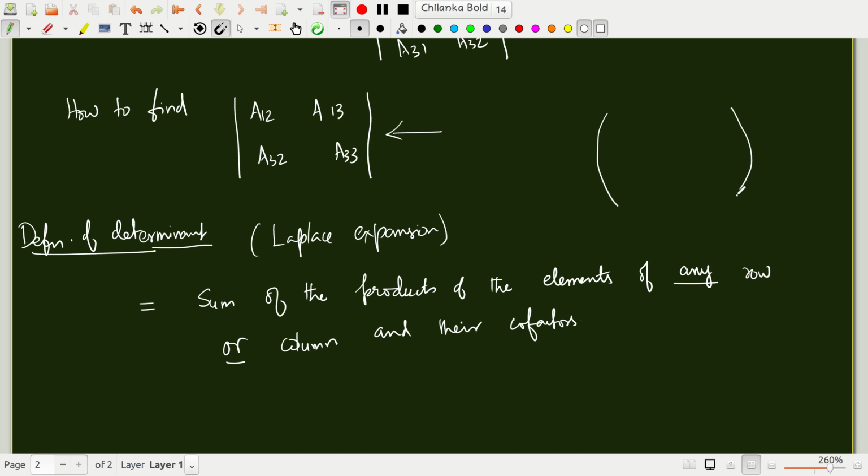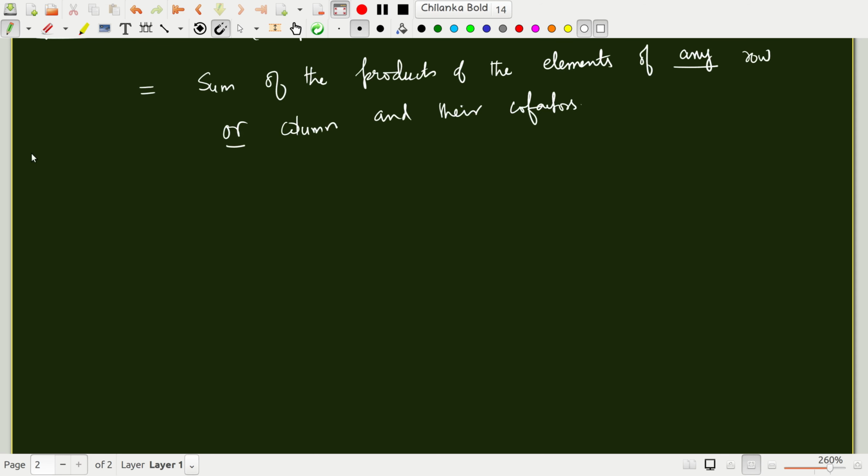Suppose I take the first row. Let's consider a 3 by 3 matrix. There are 3 elements. I take each of these elements, multiply it by its cofactor, and then add them up. So det A is A11 C11 plus A12 C12 plus A13 C13.